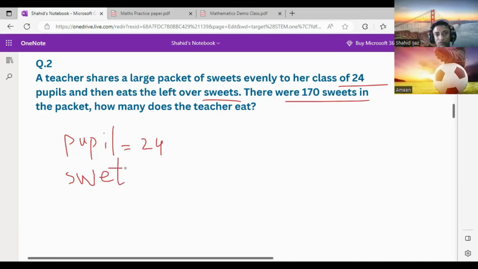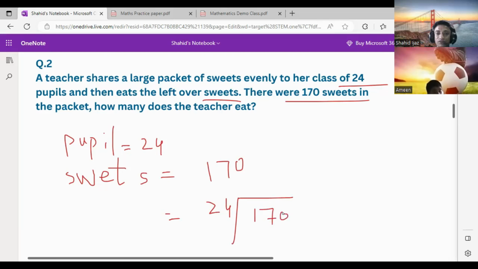We can just do 170 divided by 24. Yes. And then the leftover is the teacher's. You can solve this in this way.